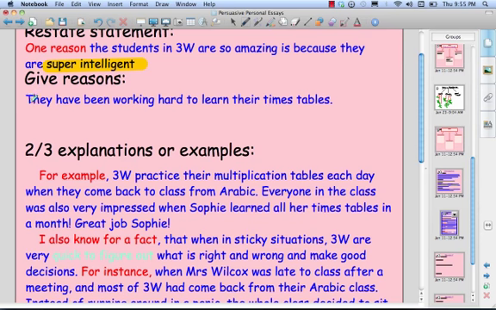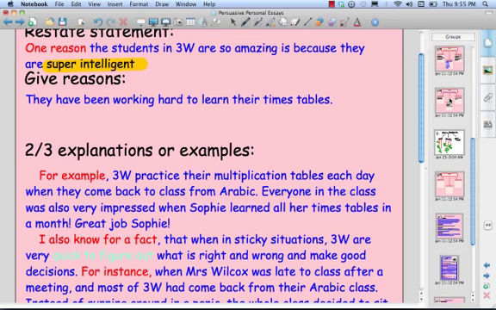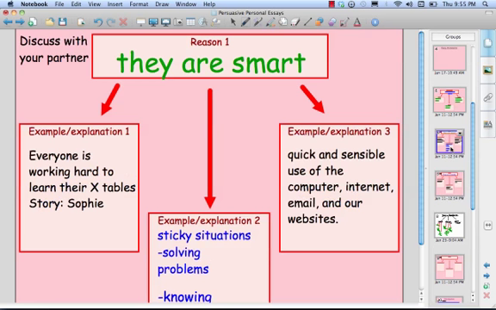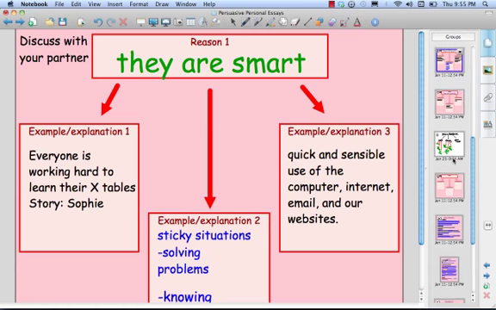Then I've given my reason why I think they are so amazing. They have been working hard to learn their times tables. Now remember there were three, let's go back. There were three examples here. They're working hard on the times tables, they're good at solving sticky situations, and they are very good at working on the computer.